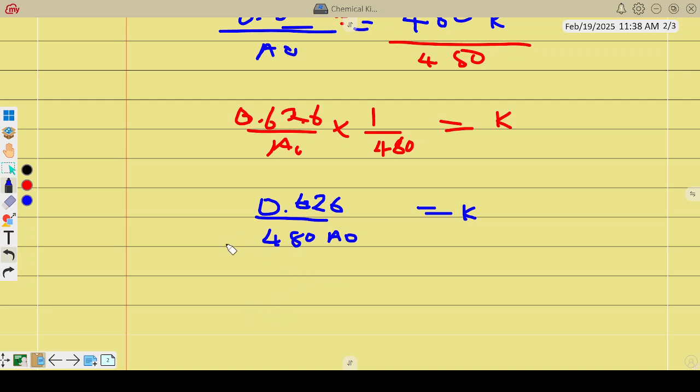We're going to have the value of K as 1.3 times 10 to the power negative 3. So the A naught hasn't gone, it follows down there like that.